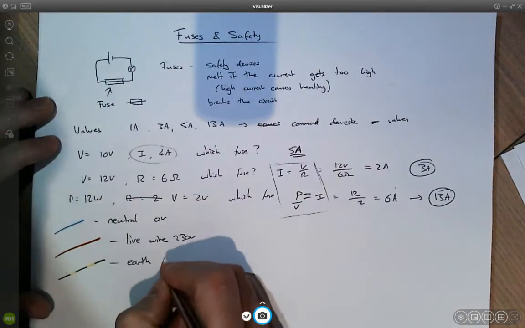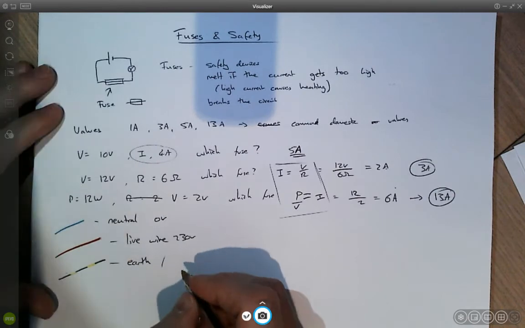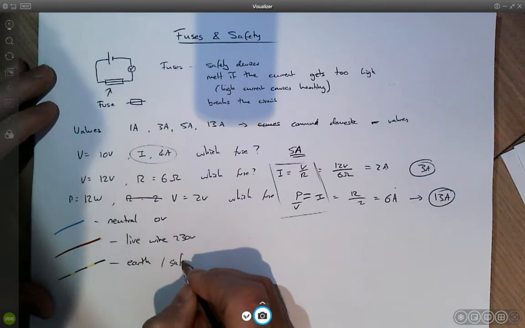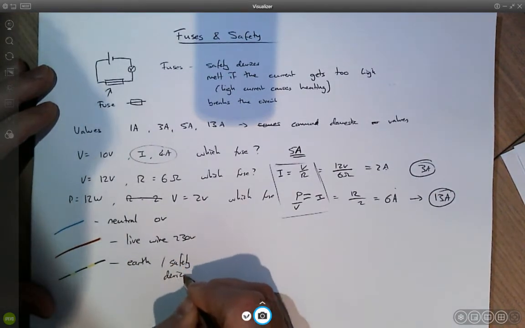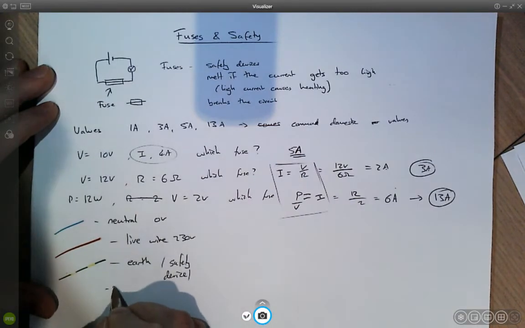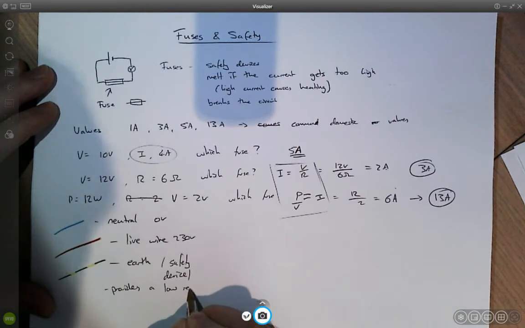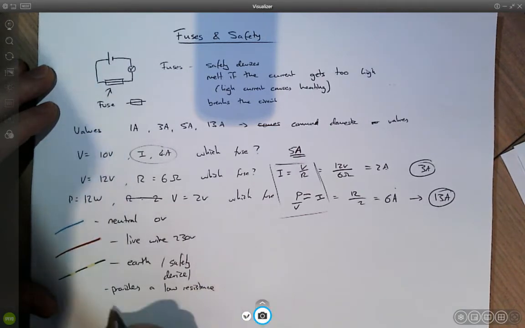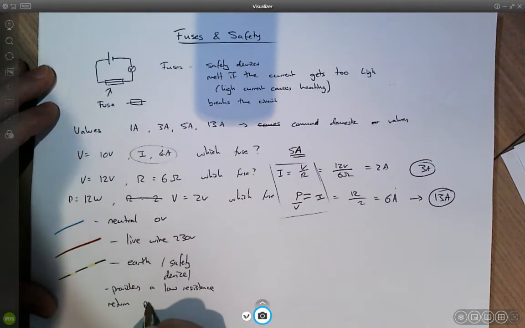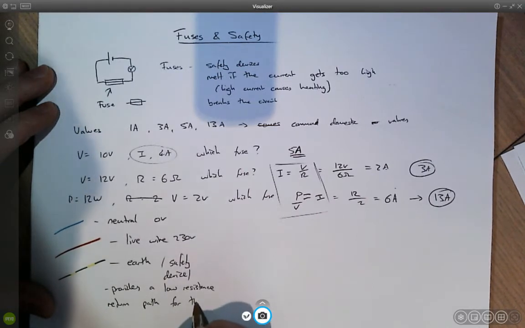And again, this earth wire is a safety device. And what does it do? It provides a low resistance return path for the current in case of a fault.